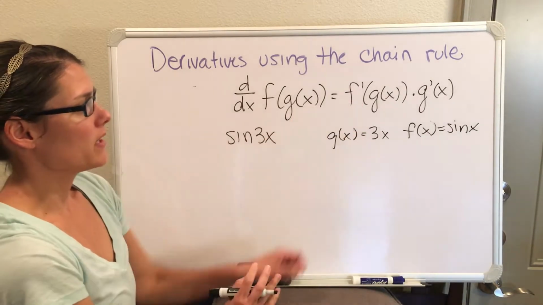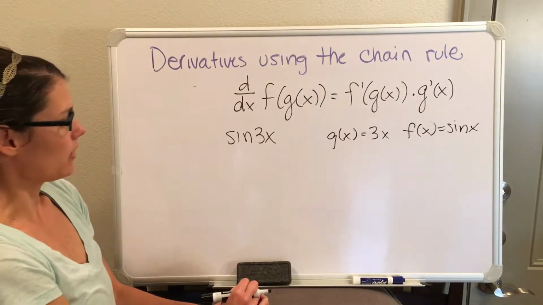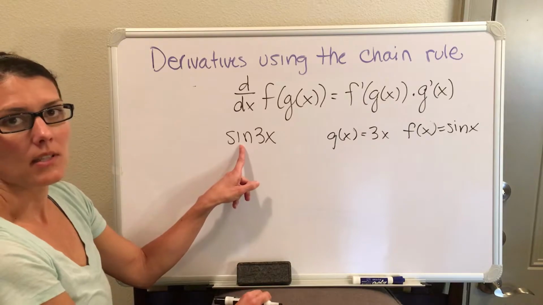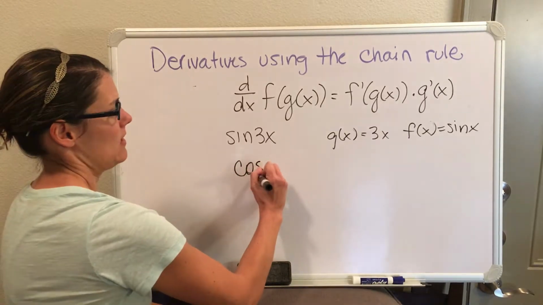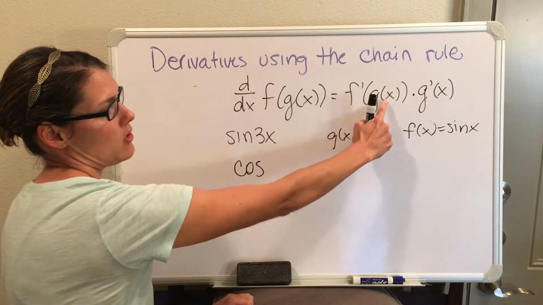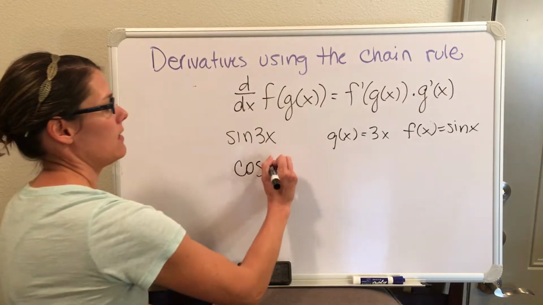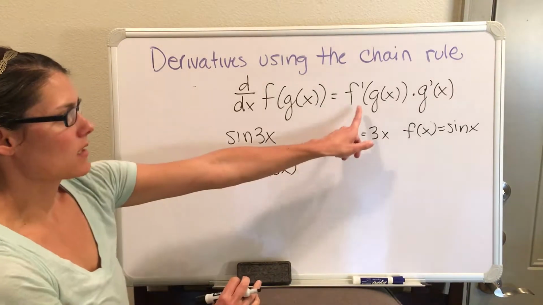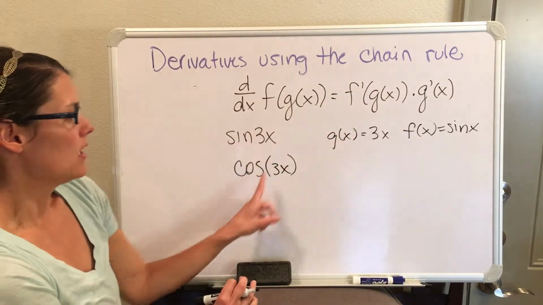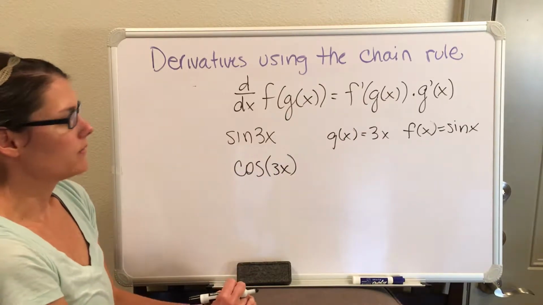When I follow the formula, I always take the derivative of the outside first, and the outside function is sine. So I'm going to take the derivative of sine, which is cosine. But according to the formula, you do nothing to the inside, so I just rewrite the inside function. Cosine of 3x represents the first part of the chain rule of taking the derivative of the outside.